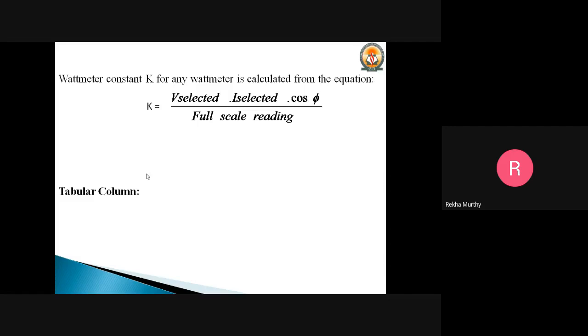So it depends on the voltage terminal, to which voltage we have selected on the wattmeter, and the current we have connected, whether the plate is connected in series or parallel. Then the power factor: if it is a low power factor, it will obviously be 0.2. Otherwise, UPF means it is 1, divided by the full scale reading of the wattmeter. So this K constant will be multiplied with the reading which is read on the wattmeter.